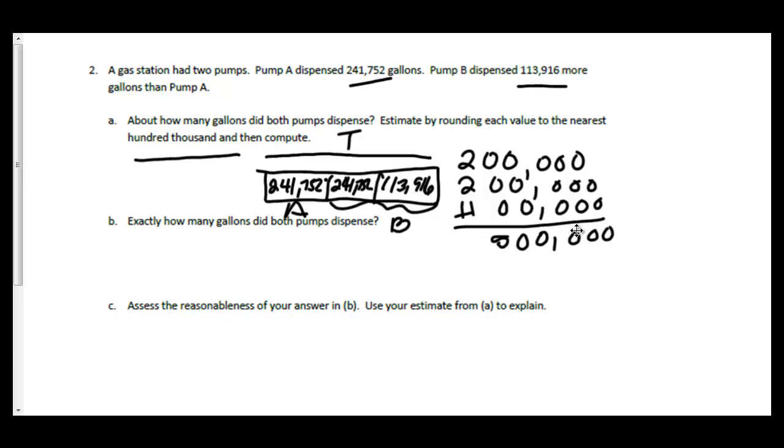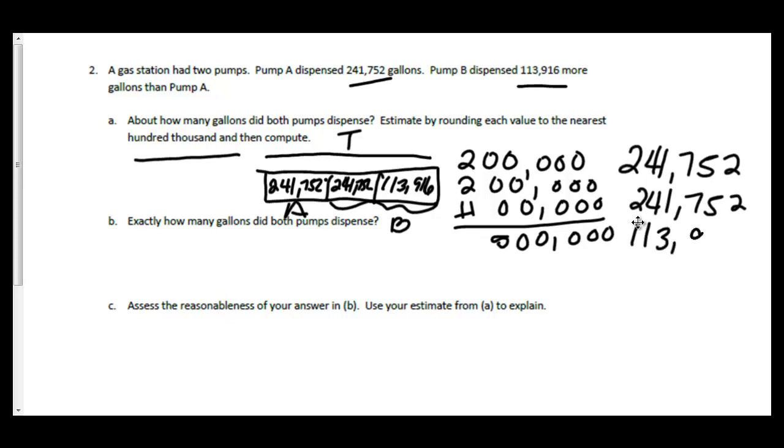Exactly how many gallons did both pumps dispense? So now here, I'm going to have to find out the actual answer. I'm actually going to use this area right here because it's hard for me to write small with this pen. So I've got 241,752 gallons, 241,752 gallons, and 113,916 gallons.